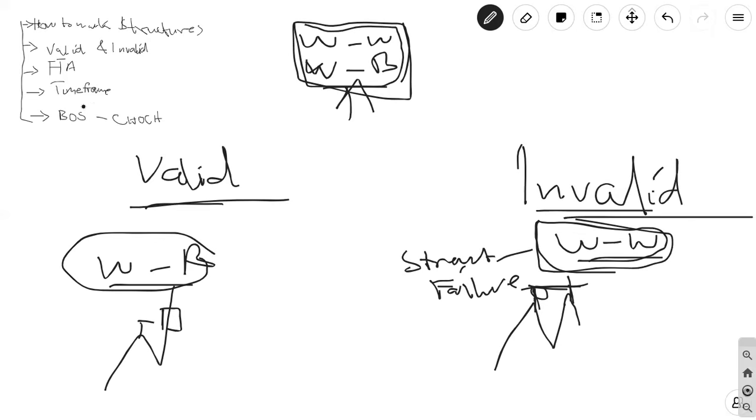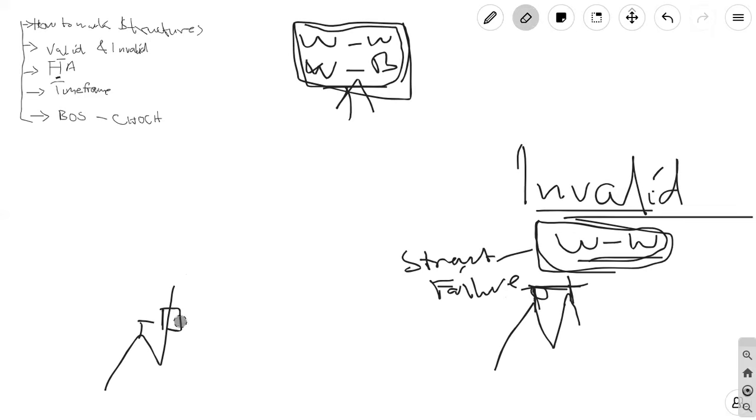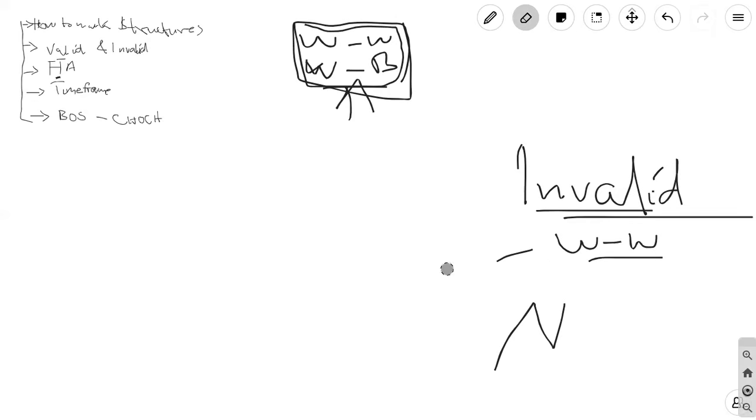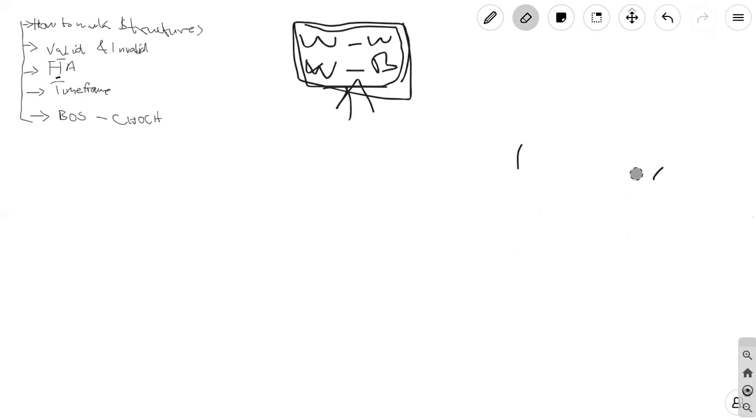Good. Now, in the case of FTA, FTA is just a term used by traders to validate or to verify a structure before break.